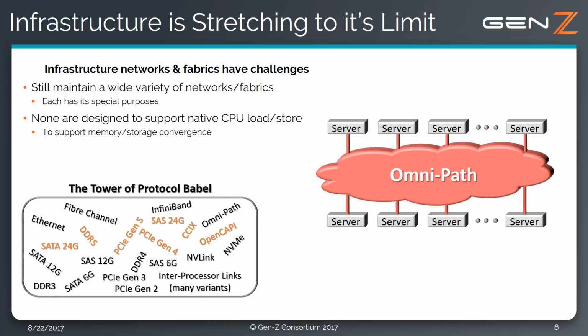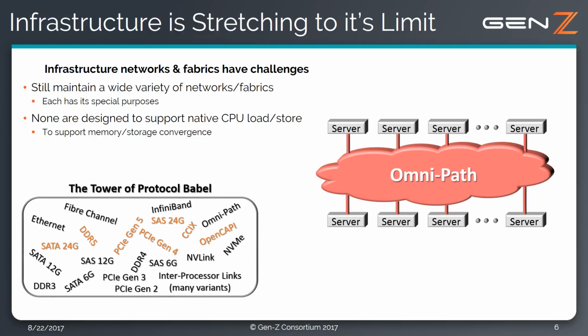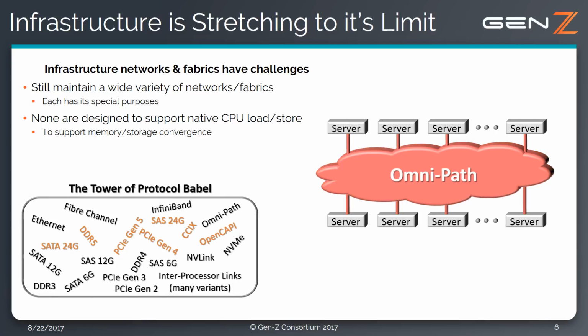Every time data is moved and converted from one protocol to another, this adds complexity, power, cost, and management overhead. There has got to be a better way to evolve this infrastructure to become something more streamlined and optimized for the coming data-centric or memory-centric computing paradigm occurring in the near future.